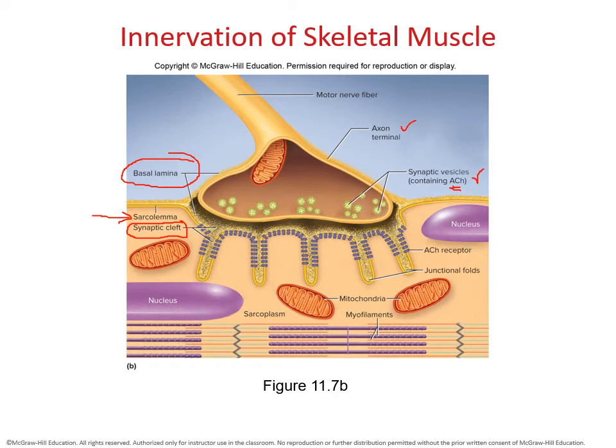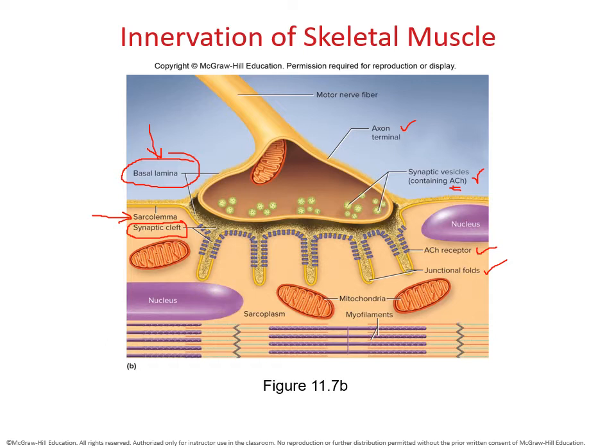And coming back to the synaptic cleft, be able to explain that it has the acetylcholine receptors and also that it has the junctional folds, which are going to increase the surface area so you can accommodate more receptors. Oh, and I almost forgot that the basal lamina is going to be your source for acetylcholine esterase.